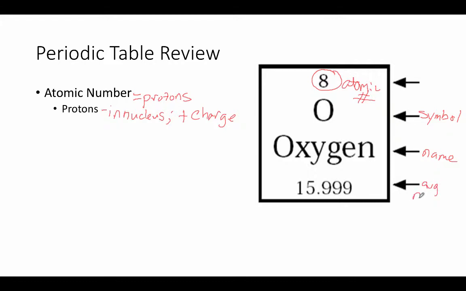Remember that that's the average mass of all the isotopes of that element. Outside the nucleus, we have our electrons, and they have a negative charge.